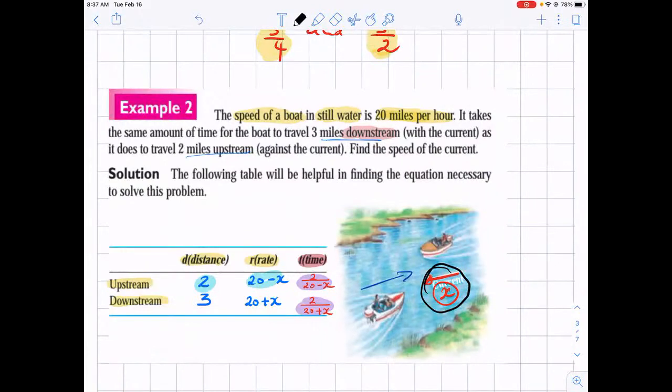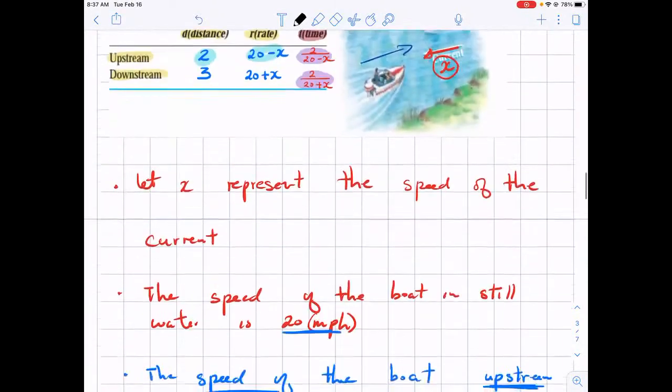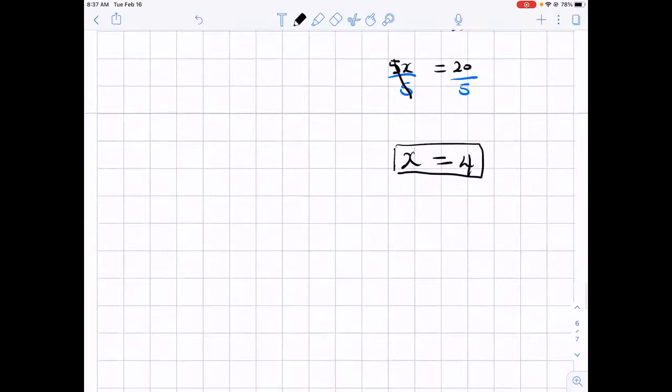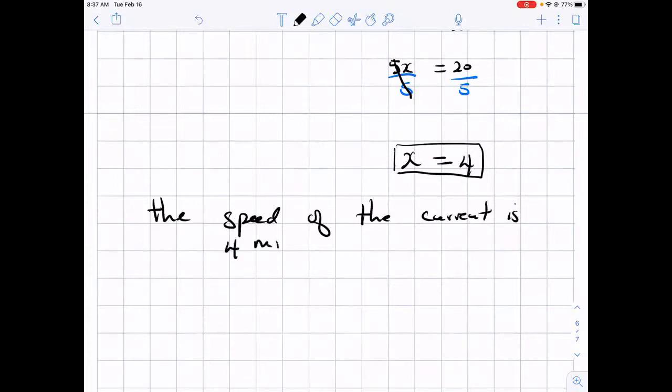The speed in this problem was miles per hour. So the speed of the current is 4 miles per hour. Or if you want to write it out, spell the word miles per hour. So that is our final answer.